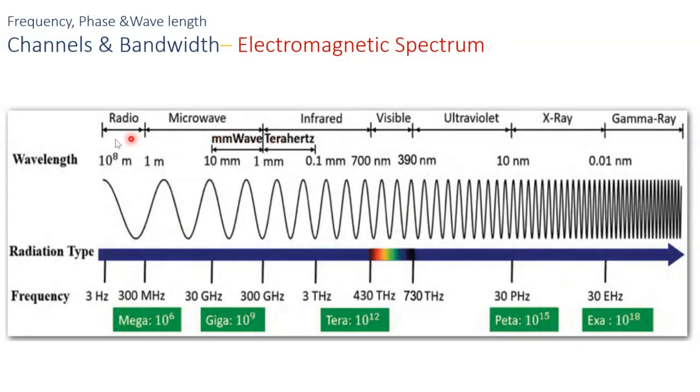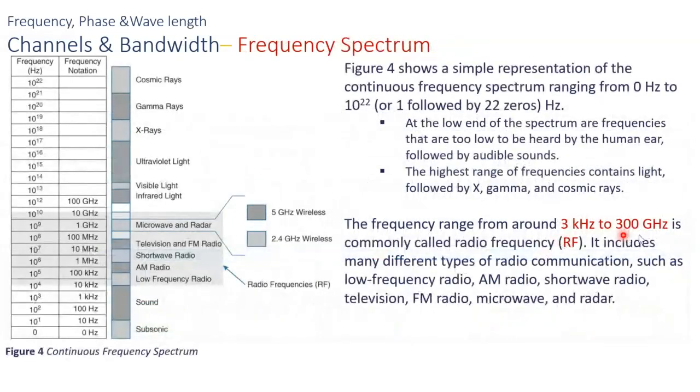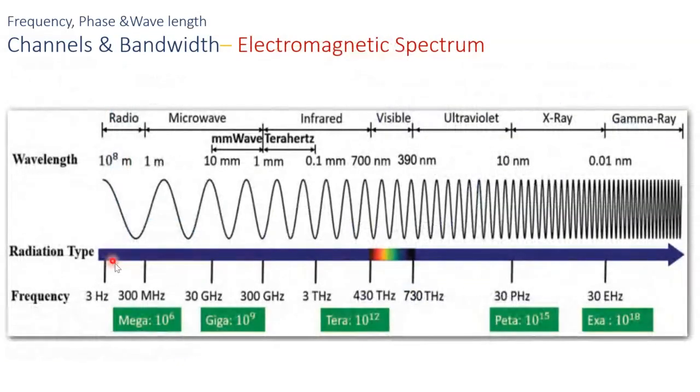Here we have the radio frequency spectrum up to 300 gigahertz. We mentioned that the radio frequency spectrum is from 3 kilohertz up to 300 gigahertz. And it includes the millimeter waves, which range between 30 gigahertz and 300 gigahertz and will be used in the 5G communication system.